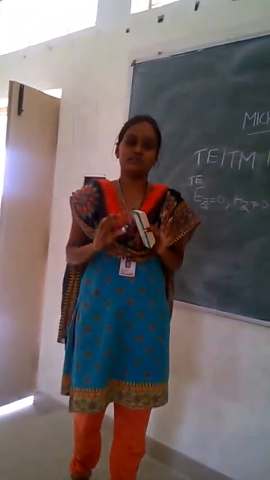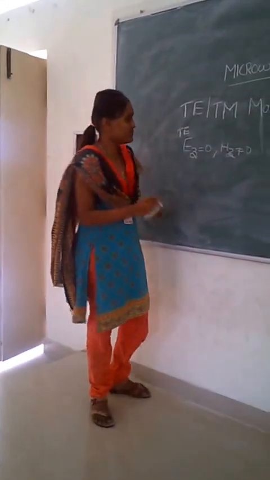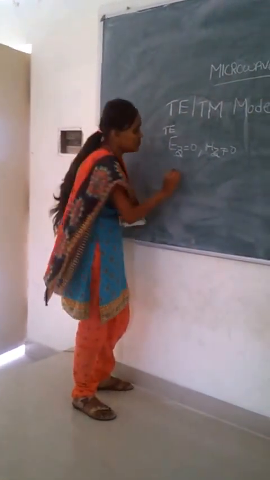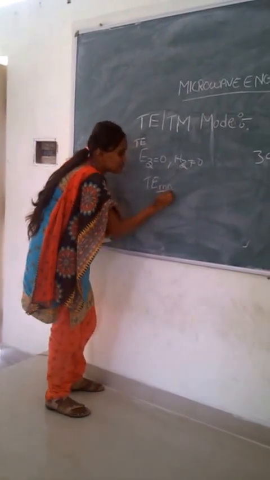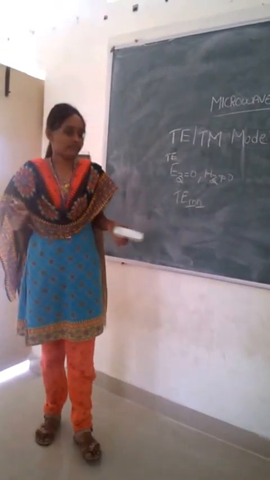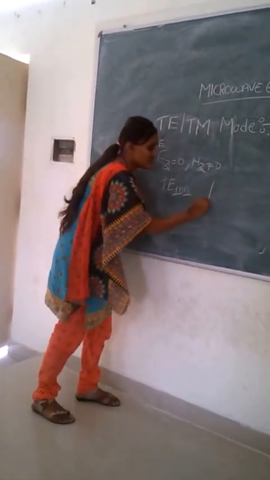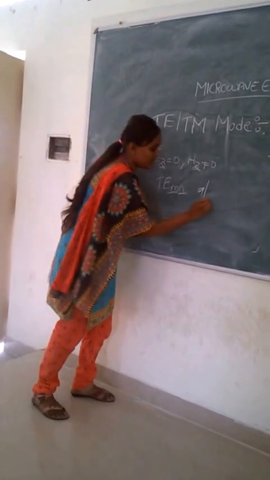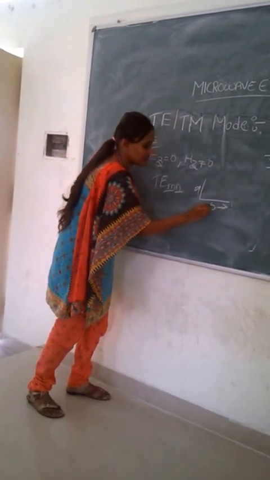The modes of operation are of many types. A TE mode can be represented as TE mn mode. What is it? M indicates the number of half cycles of the field along the direction of a, and n indicates the number along the direction of b.